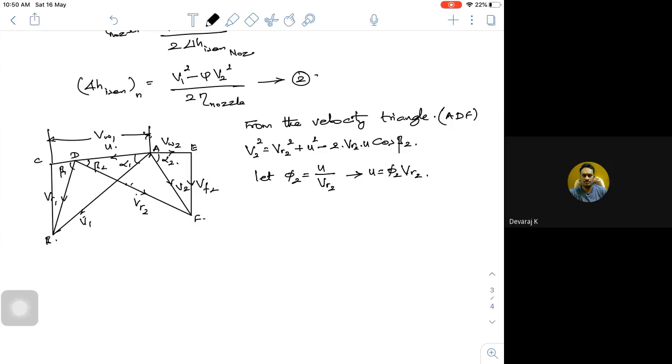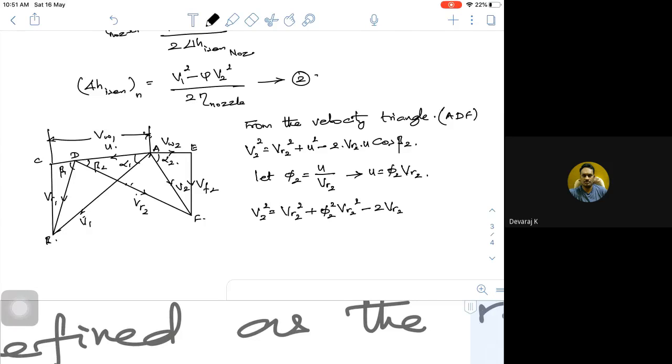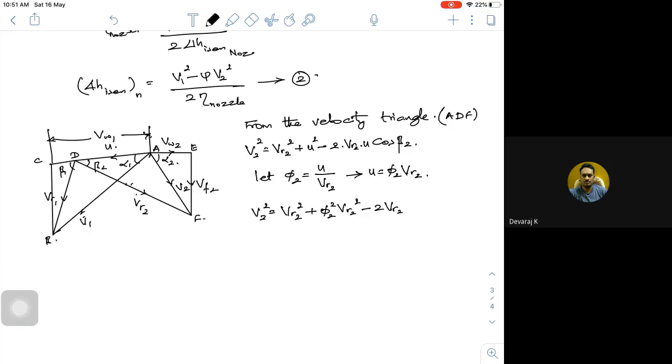So what will happen if I put it in terms of your V2 square? Wherever we have V2 square, if I substitute, V2 square is equal to VR2 square plus phi 2 square into VR2 square minus 2 into VR2 into, u is nothing but phi into VR2, so phi into VR2 into cos beta 2.